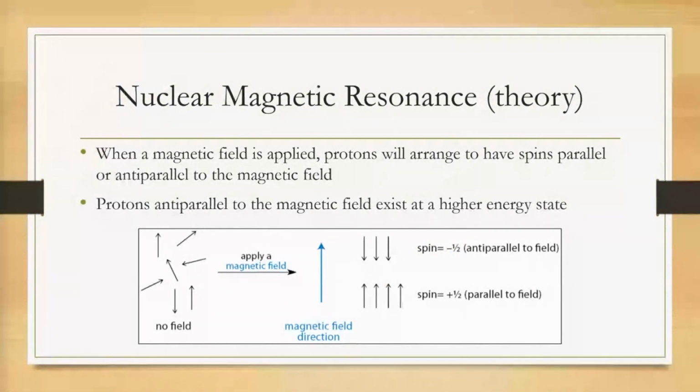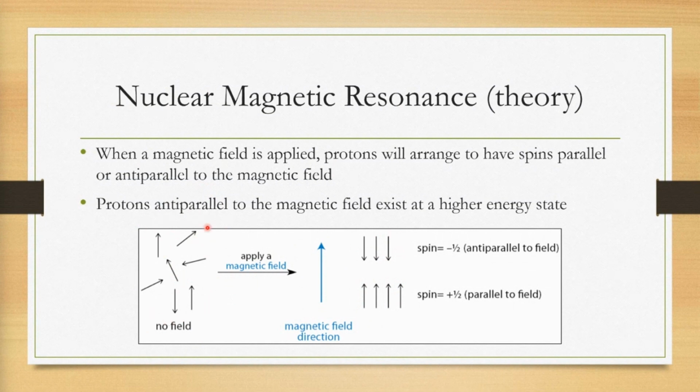So when a magnetic field is applied, protons will arrange to have spins either parallel or anti-parallel to the magnetic field. If you imagine a sample of molecules, protons or nuclei are arranged randomly, spinning in random directions. You then apply a magnetic field, and in this image, the direction north to south is pointing up.